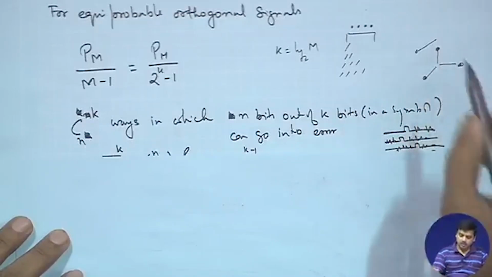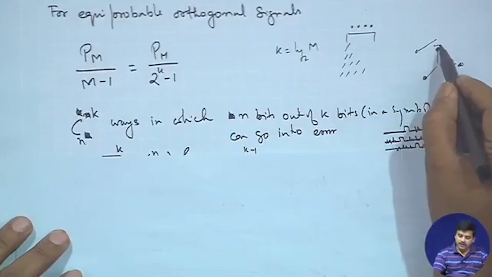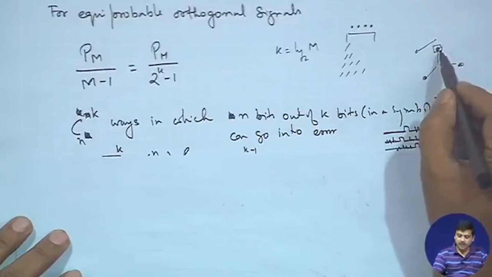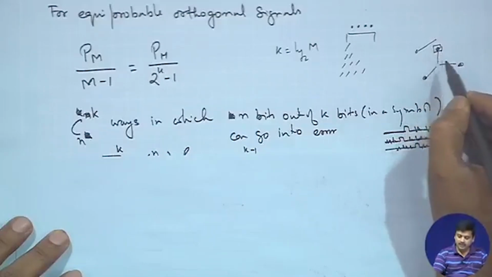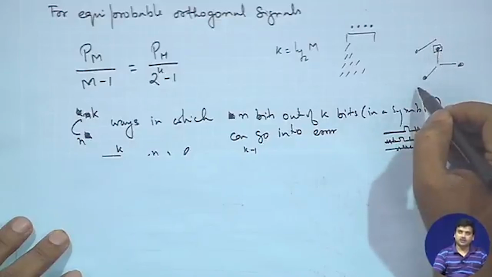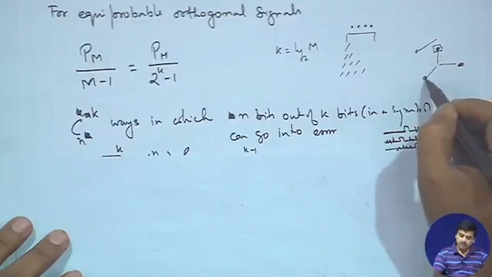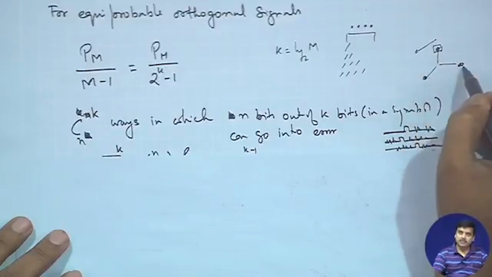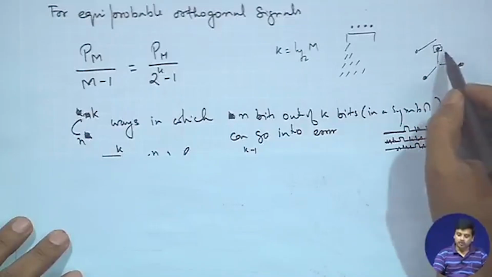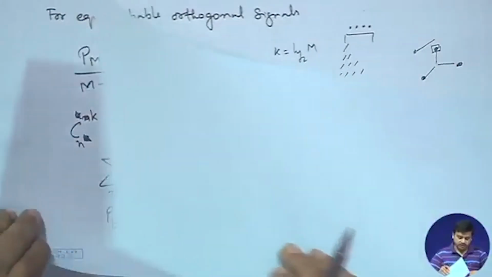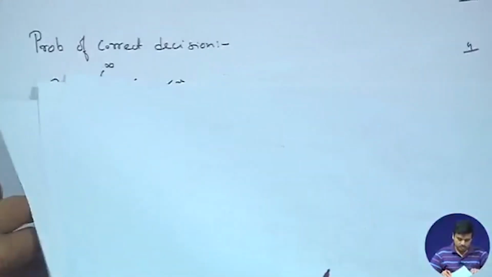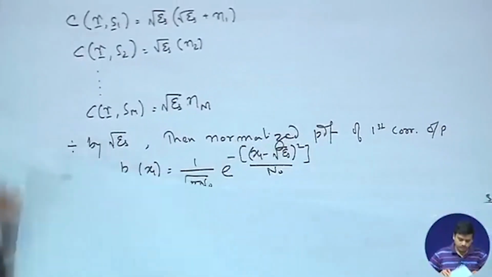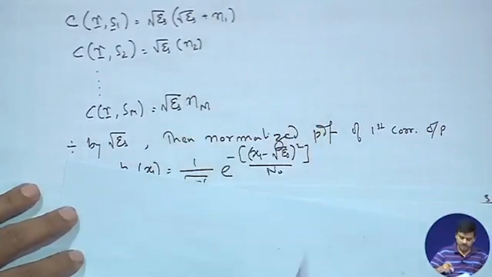So, this signal, if it is sent, could go into error if the correlation on this dimension is less than the correlation on other dimensions, and the correlation on any of these dimensions have equal probability to be better than this or to be less than this. So, they are not differentiated, and that can be again understood from what we have over here. If you look at these, they are very, very similar.